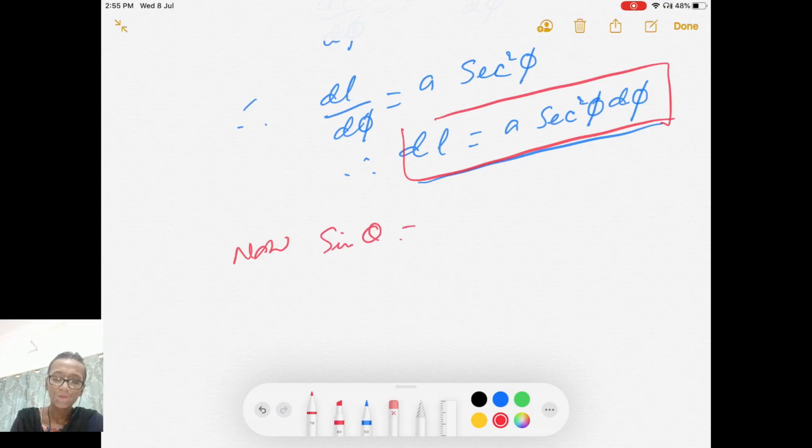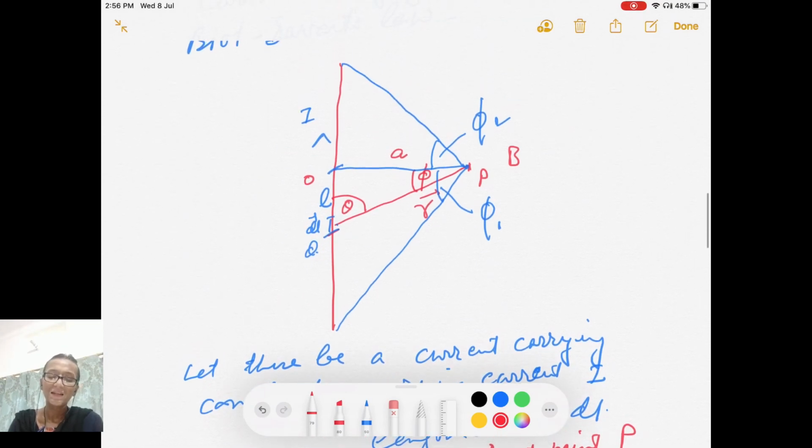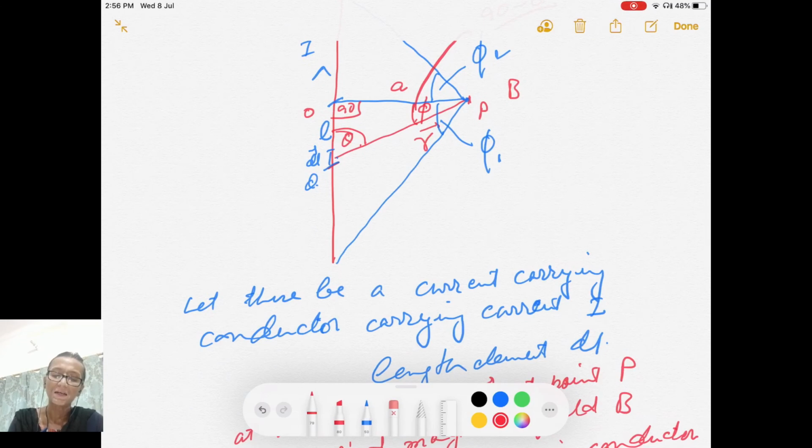Now sine theta is equal to cos of 90 minus theta. In this right angle triangle, you can see this is already 90 degrees. So if it is theta, then phi will be equal to 90 minus theta.